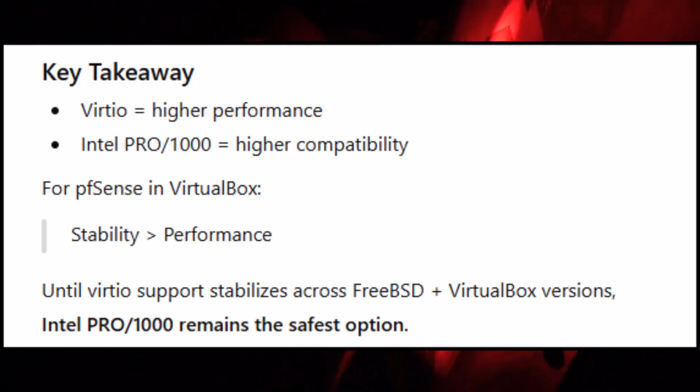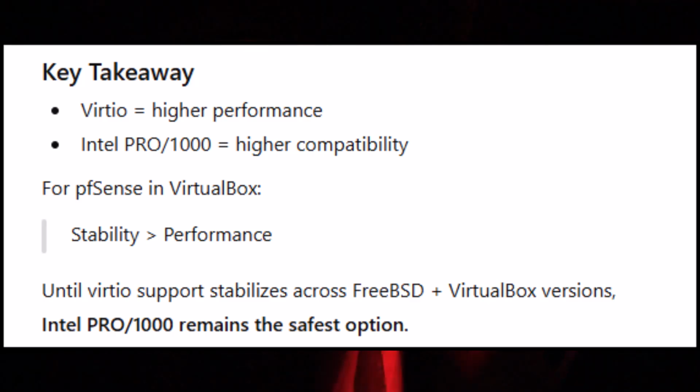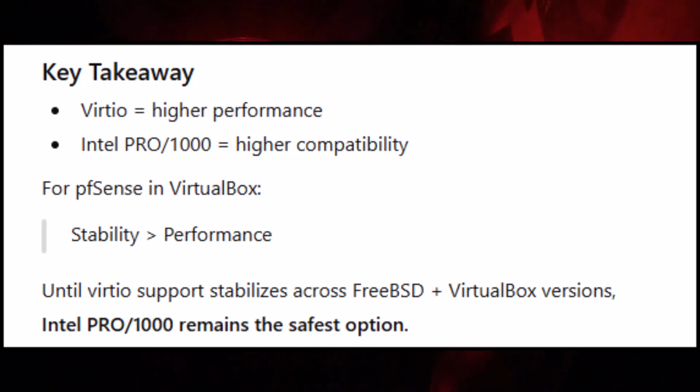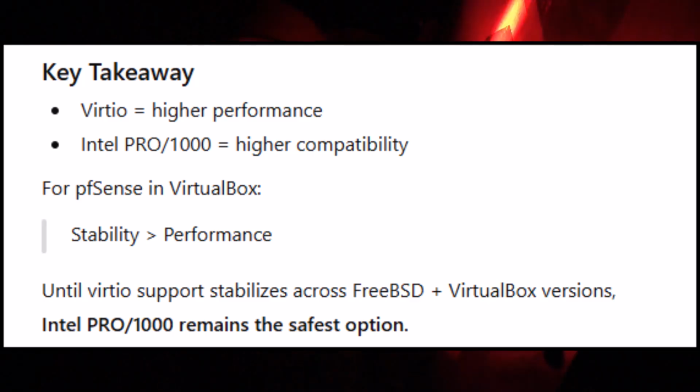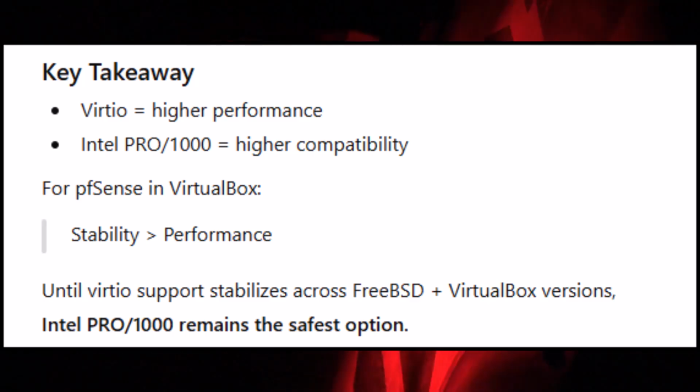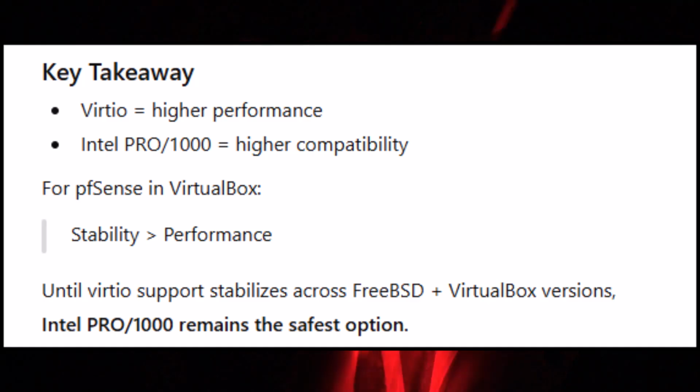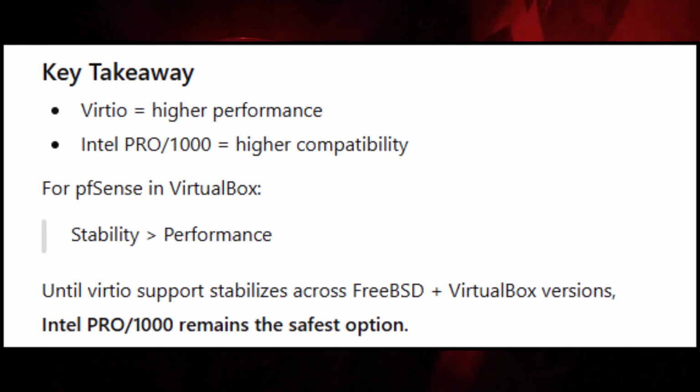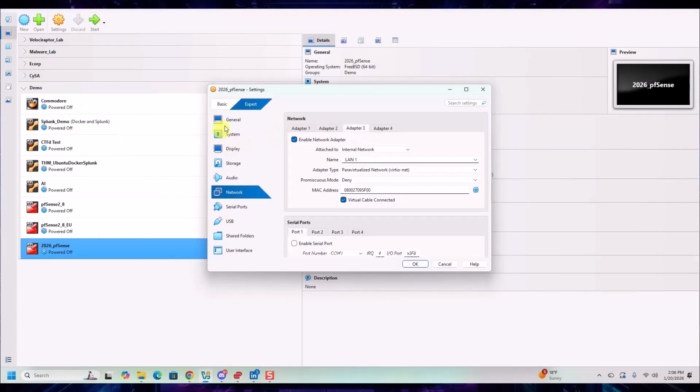So it's only a matter of time before FreeBSD drivers are updated to support the paravirtualized adapters. But until then, you can try to run the paravirtualized adapters. If it hangs up during installation, then go back in VirtualBox Manager and change those adapters to the Intel adapter.